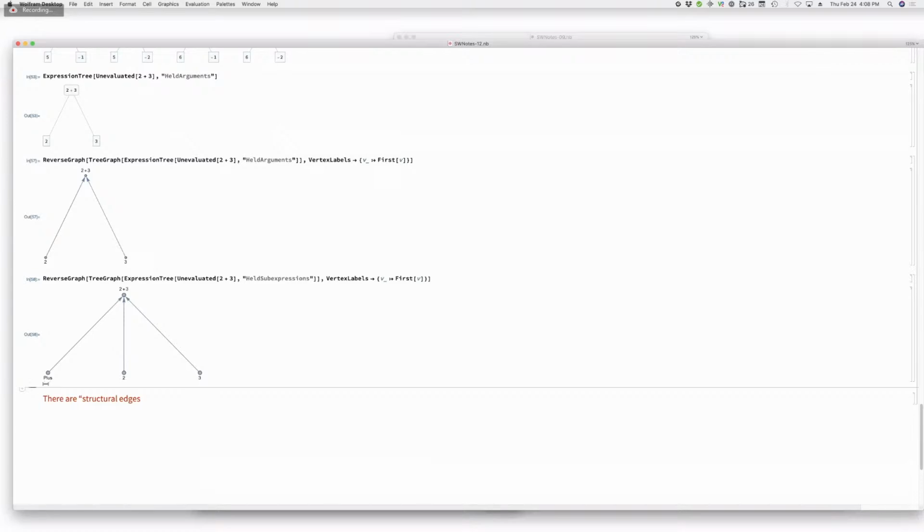So the evaluation edge would normally just say, bring in, okay, here's a claim. There are structural edges representing how expressions are structurally built up.